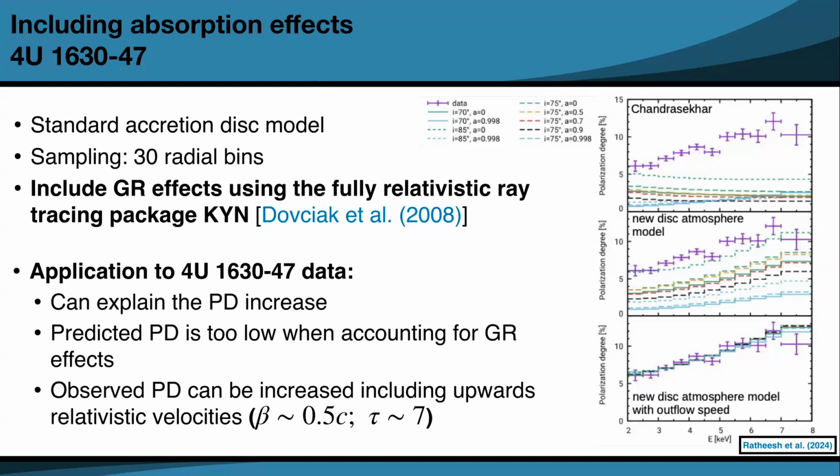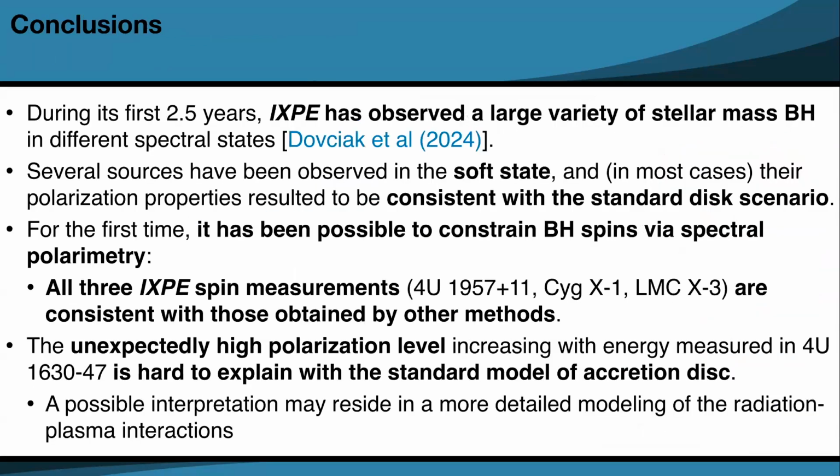And this boosts the observed polarization degree because of relativistic beaming, and allows for a possible explanation of the source. But as I said, there is still no scenario that explains all the possibilities without assuming a very ionized and very fast outflowing atmosphere. So those are my conclusions.